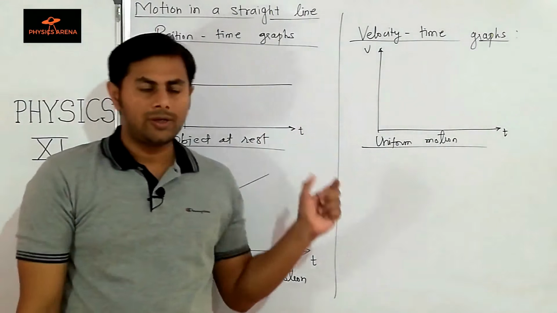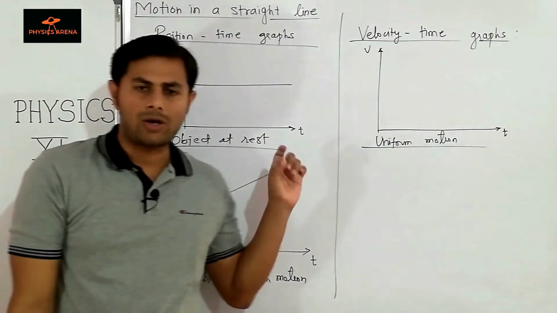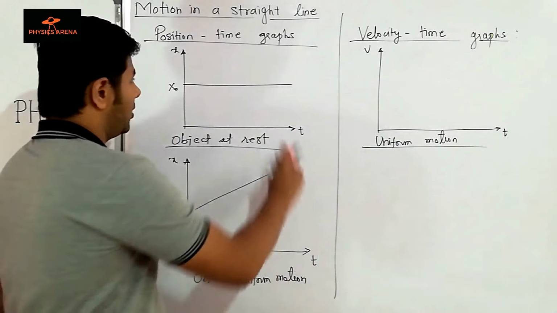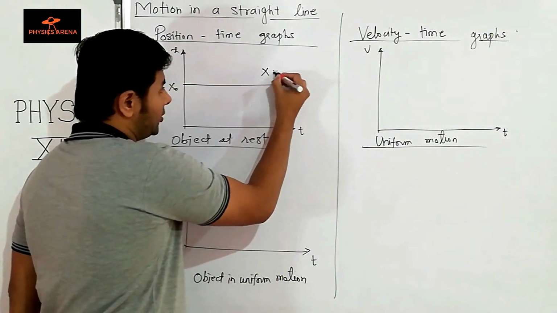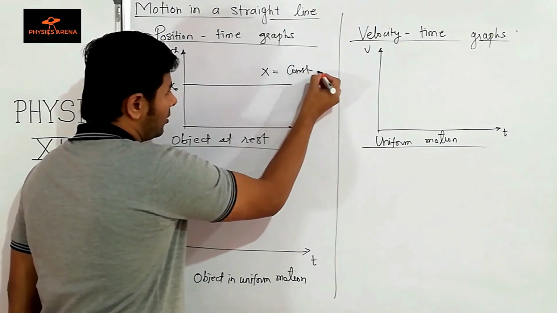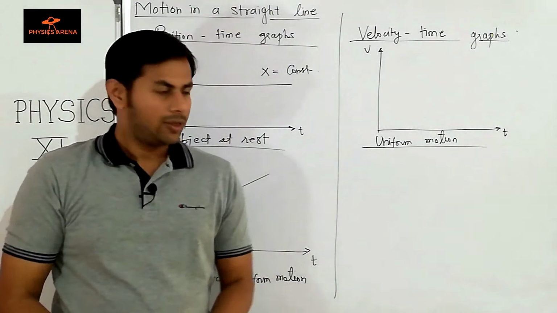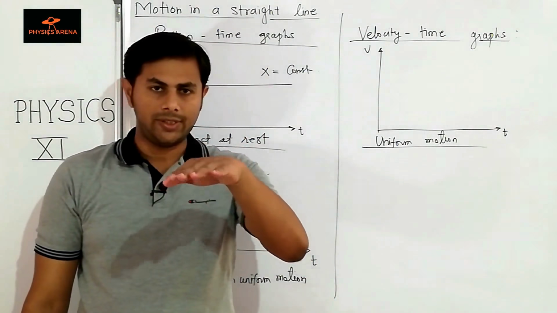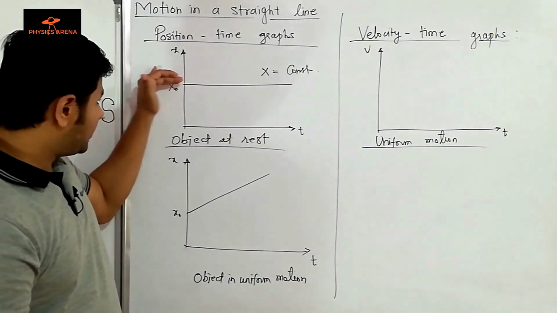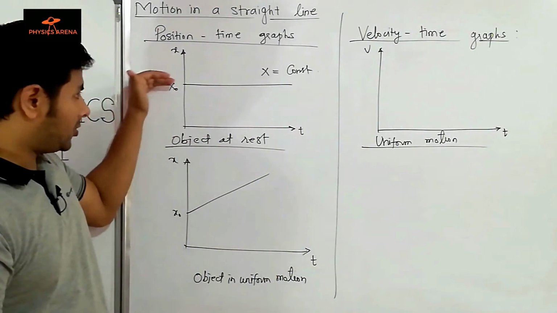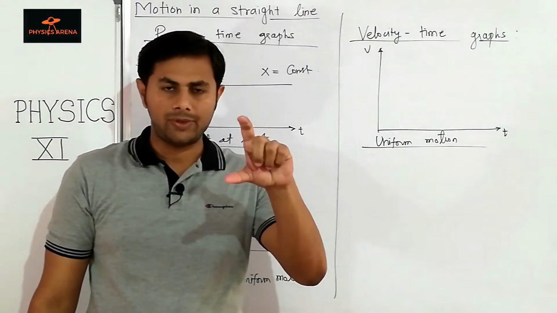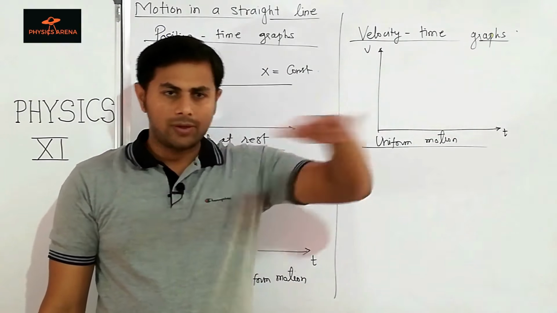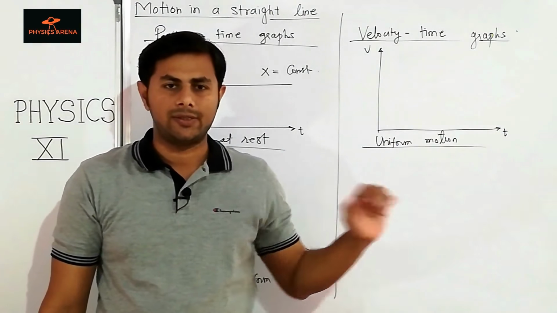Now observe in this first graph where the object is at rest, something is constant, and the thing which is constant is position. So x is constant. When position is constant, this graph starts from this point, x0, the starting position, and the graph is parallel to the time axis.